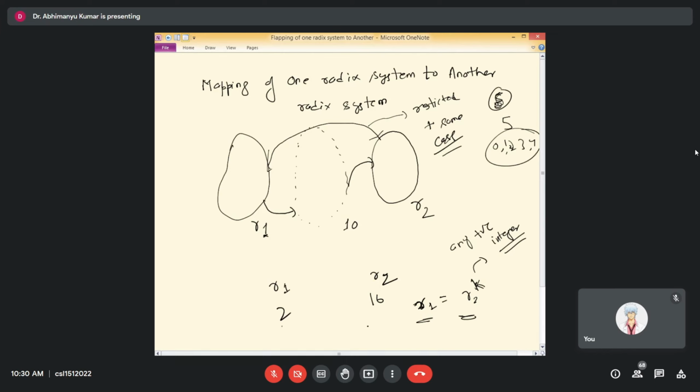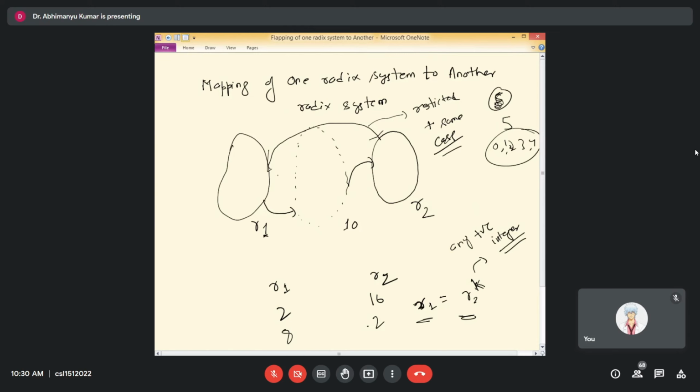Similarly, if we have the octal system and the binary system, again we can represent 8 as 2 to the power 3, right? So if we have this relation in R1 and R2, then we have a direct mapping.